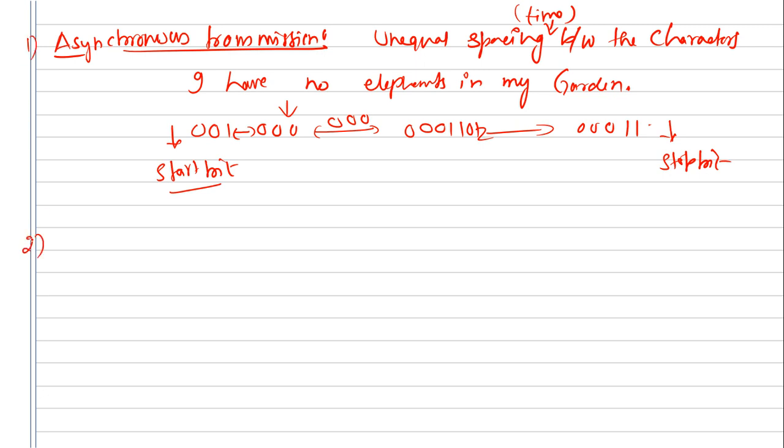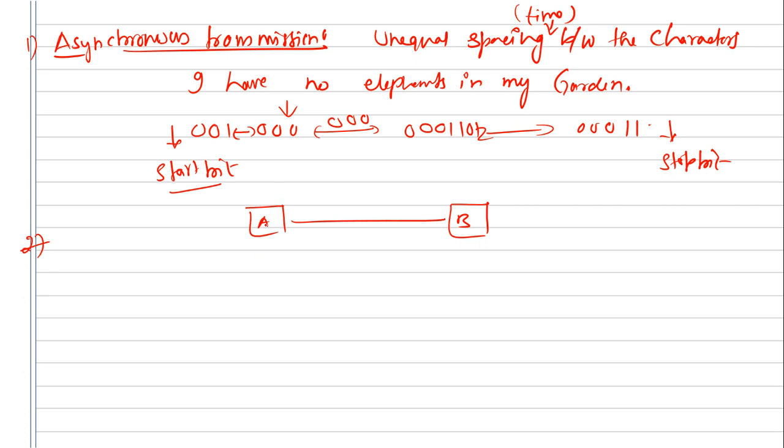Next we have, or let me tell you some more detail regarding this. Here the transition of signals does not occur at the same nominal rate. Generally we have free running quartz oscillators in the case of asynchronous transmission. For example, let's say you have two devices. When you are trying to send from device A to B, they are running on their free clocks.